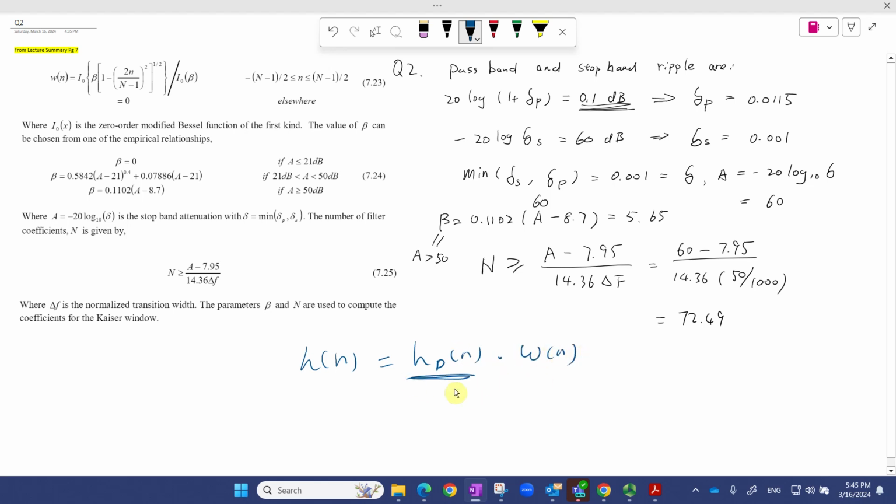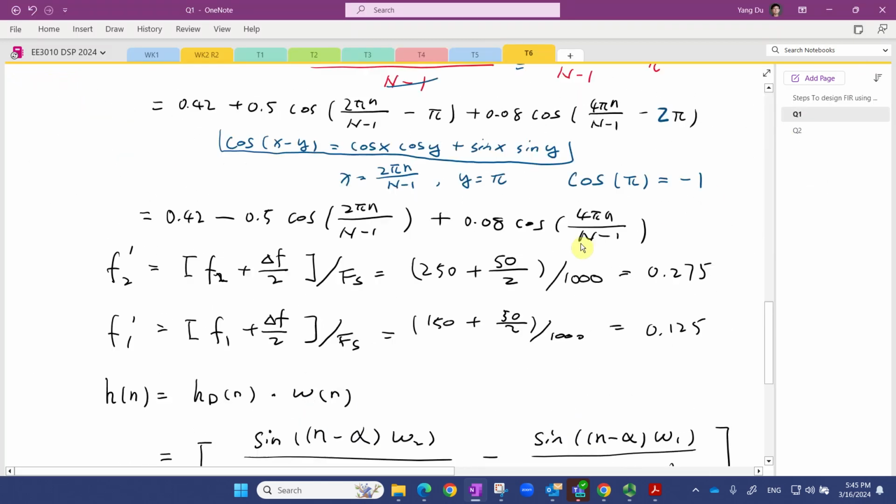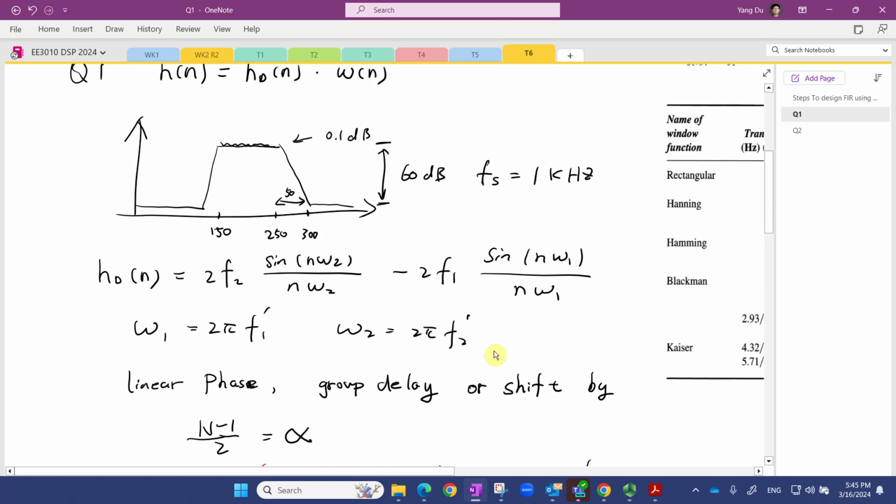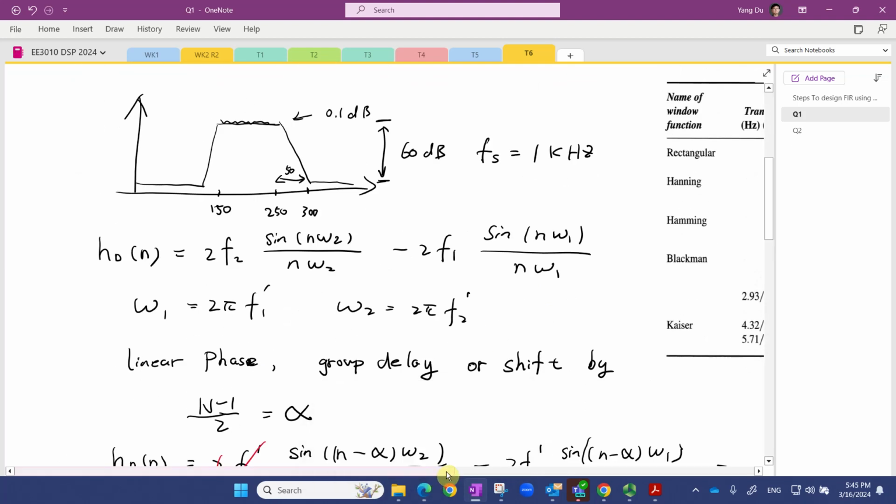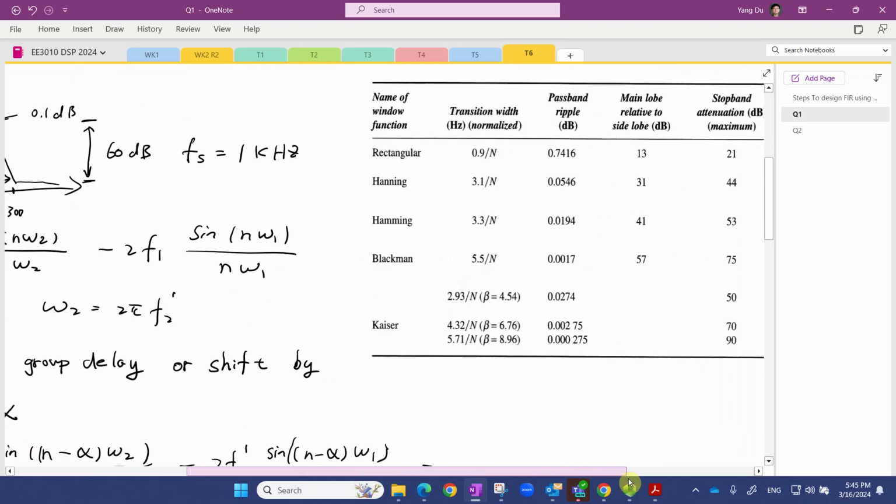So we're going to use the same filter, but use a different window. Okay, for this window, you can see that we have this function. Sorry, what was the window called? This question asks us to use this Kaiser window.